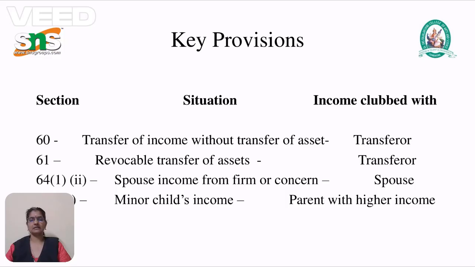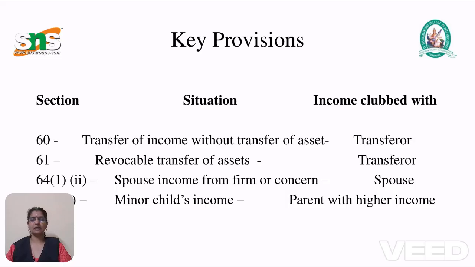Section 60 covers the transfer of income without transfer of any asset or consideration. That income will be clubbed with the transferor. Next, Section 61 covers the revocable transfer of asset. Under this category, we club the income with the transferor.